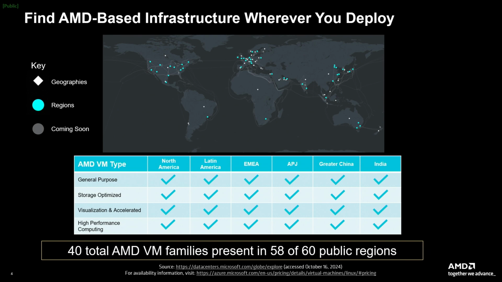We appreciated that, and we got a lot of adoption from that. But now we're much more pervasive in Azure. We have 40 total VM families, and we're in 58 of the 60 regions in Azure. So basically, wherever you deploy your Azure virtual machines, you have an option for AMD. The simple heuristic there is look for the A in the name of the VM, and you'll find that it's an AMD offering.